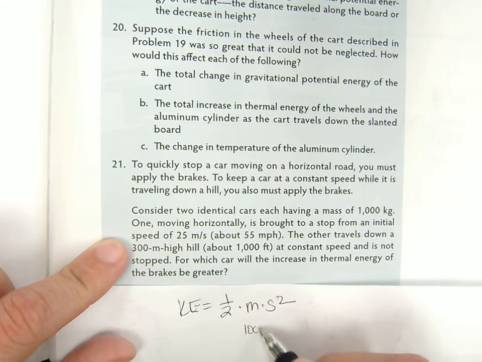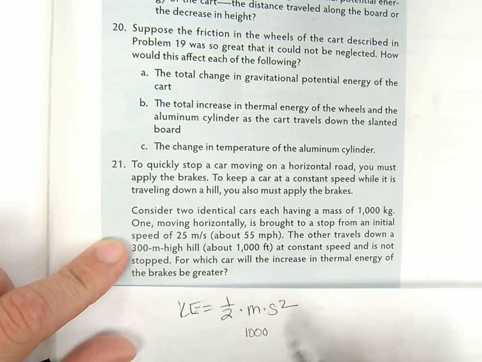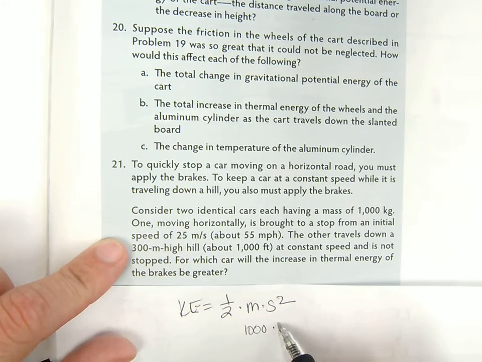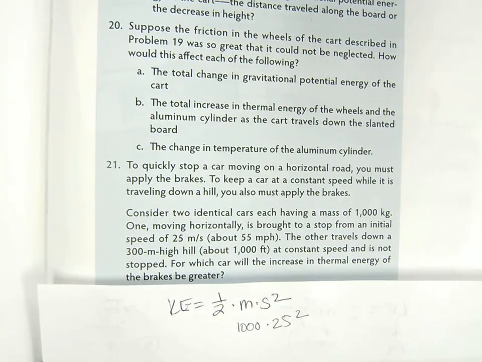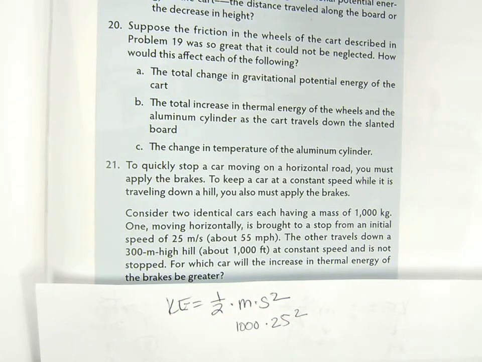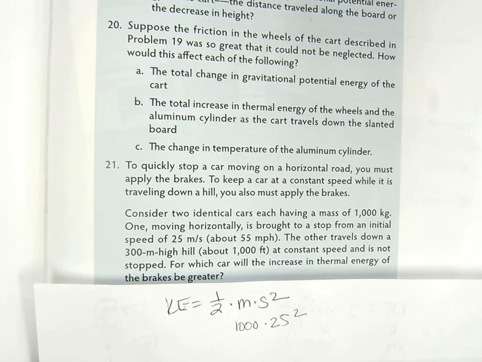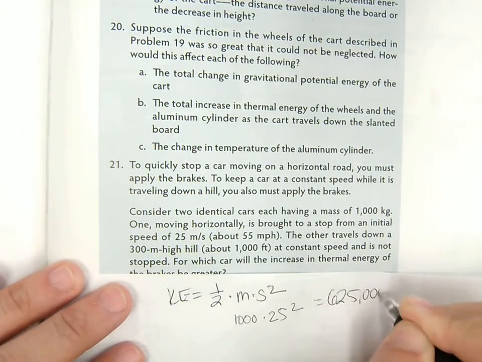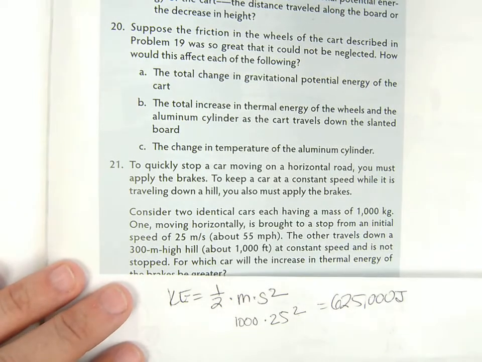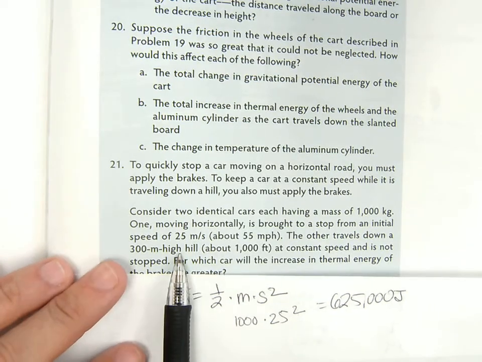We plug in 1,000 kilograms for the mass of the car, and the speed is 25 squared. So 25 times 25 times 1,000 is 625,000 joules of kinetic energy as it's moving.